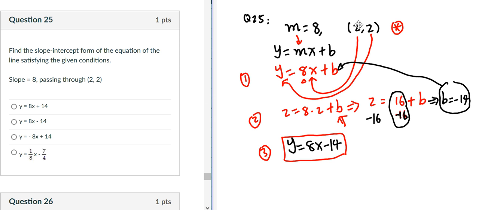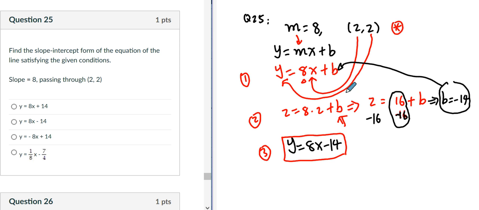But we are given x is 2, y is 2 as well. Because this point is on the line, it means it satisfies this equation. So we plug in x here, replace x with 2, and replace y with this 2 as well.